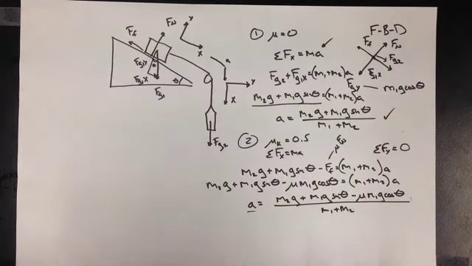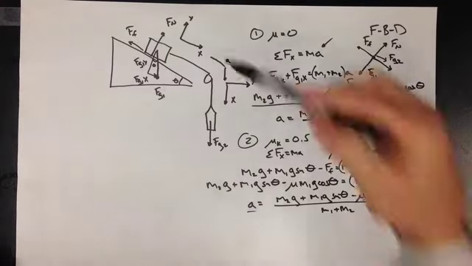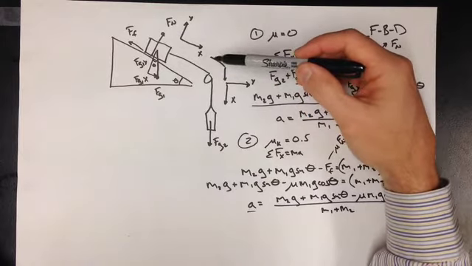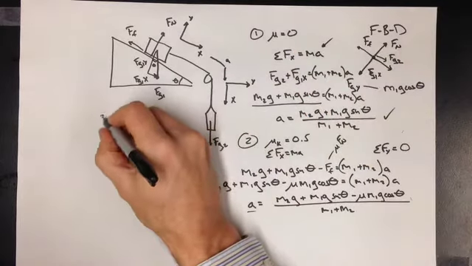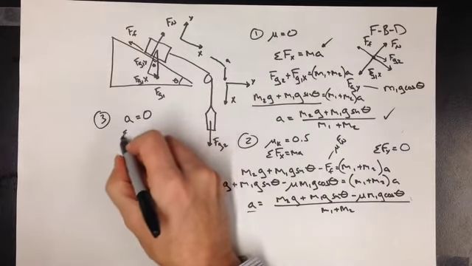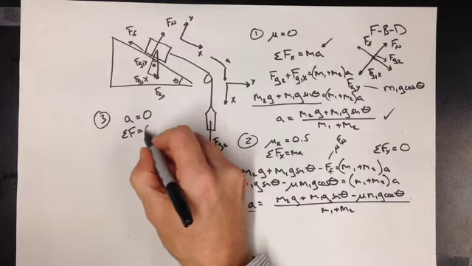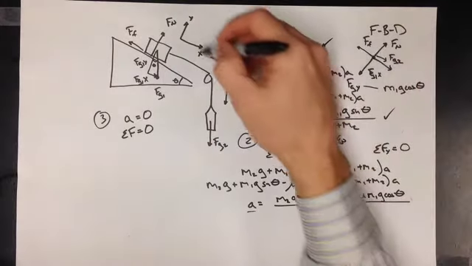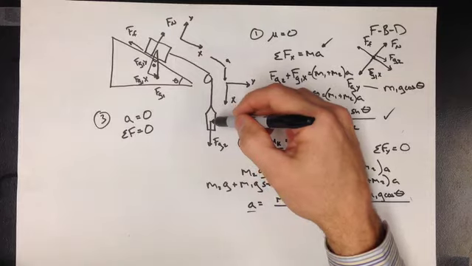So let's see here. I can use actually the same exact situation here, except the difference now is that for part 3 I have an acceleration which is 0, or that is to say that the sum of the forces in both directions is equal to 0. But it's the same free body diagram, and it's the same sketch that I see right here.